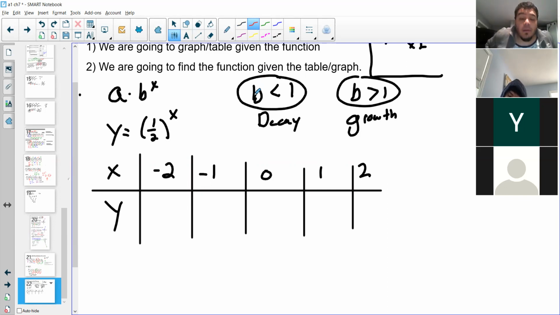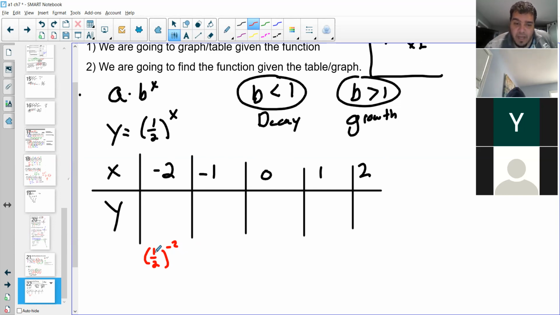Very similar to the situation from growth, we're just going to plug in our exponents one at a time to graph it. Later, we're going to see if we can use the pattern to help us graph it. So first, we're going to plug in -2 into this equation. I'll do that in red: 1/2 to the -2 power. Remember, any negative exponent flips the fraction.